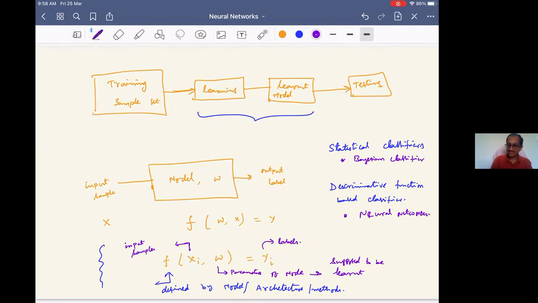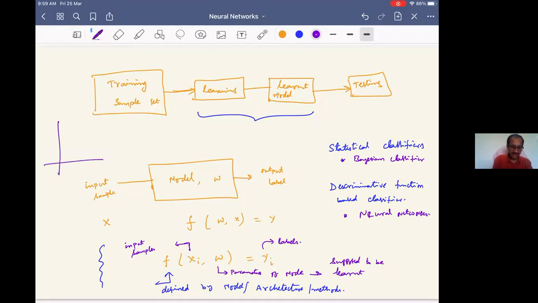Essentially, the classifiers which take a probabilistic approach for understanding the samples and then map to the labels are called statistical classifiers. Those which don't care about the probabilistic distribution of the input samples, and directly try to draw a decision boundary, are called discriminative function-based classifiers.